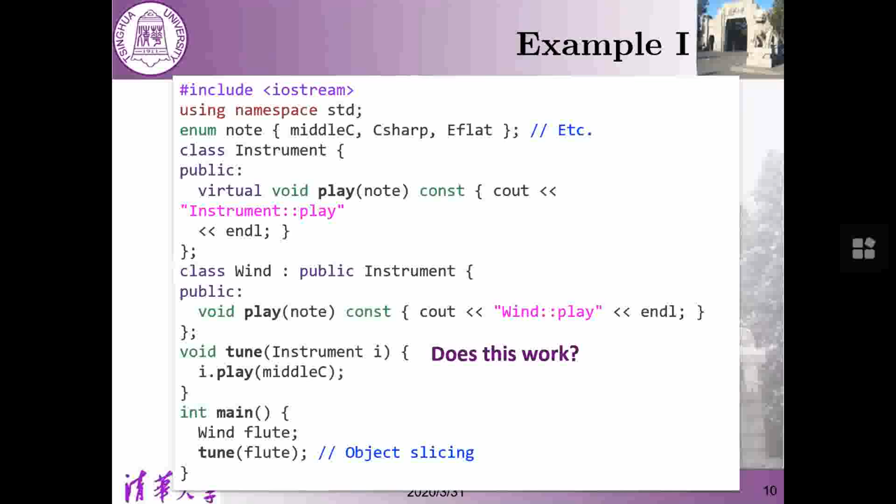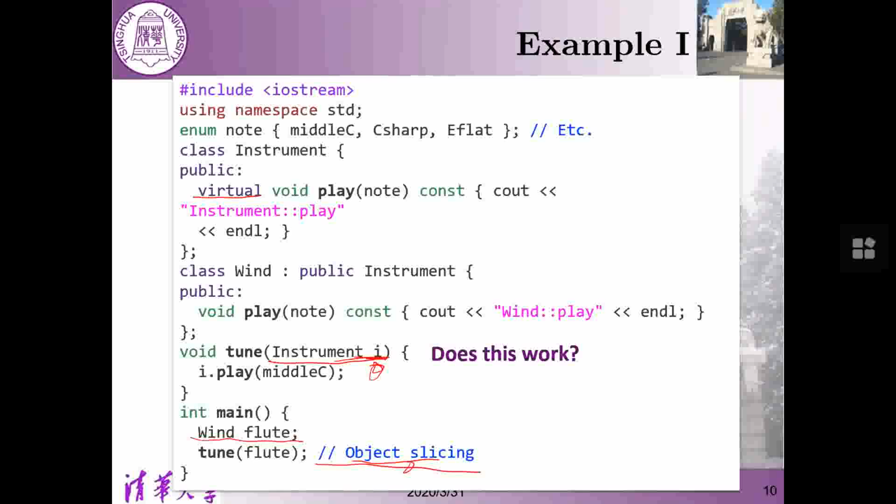Our question is, if we do not use a reference, if we use an object, will this work or not? We still use virtual, and then we use an object. Does this work or not? We just learned that if we provide a derived object where a base object is expected, then there will be object slicing.